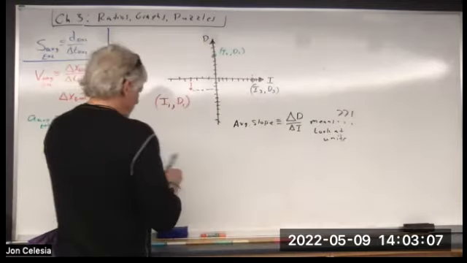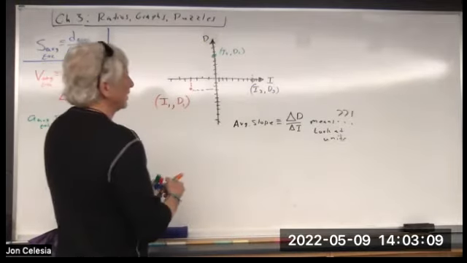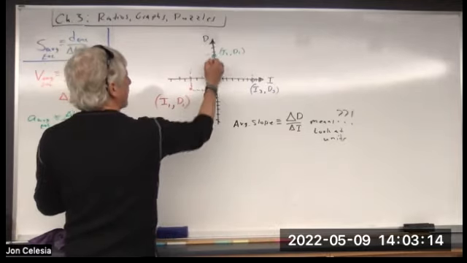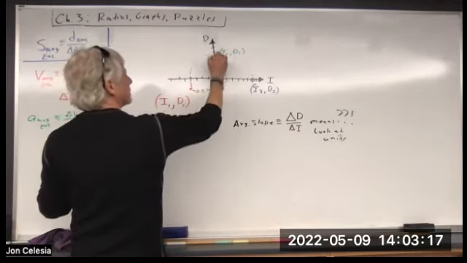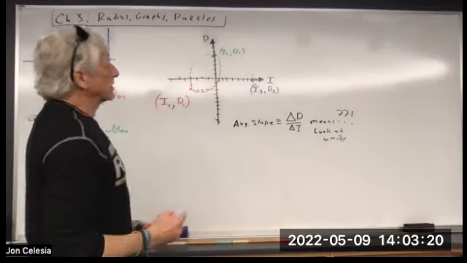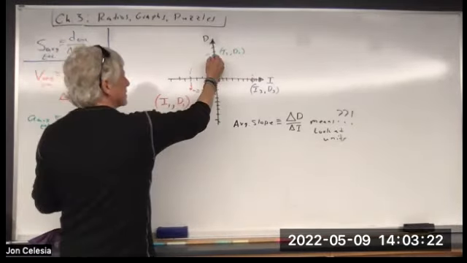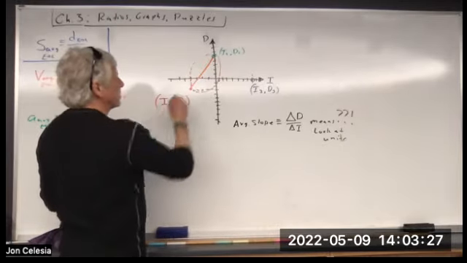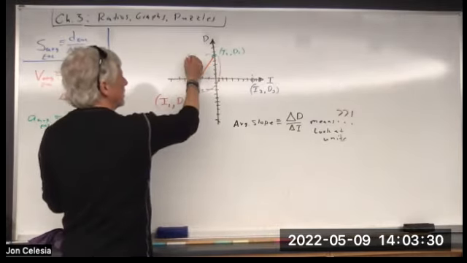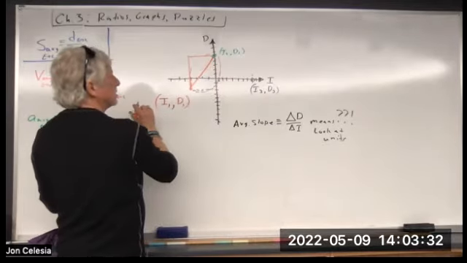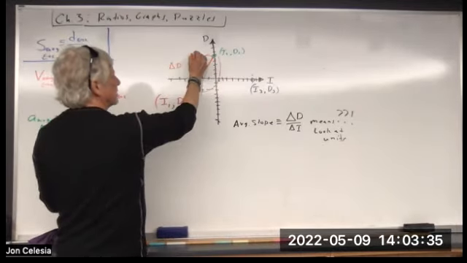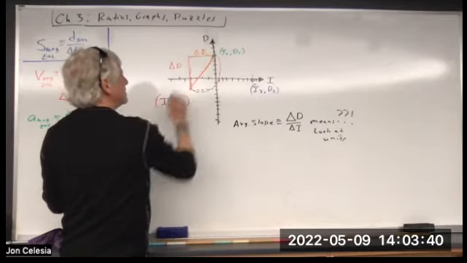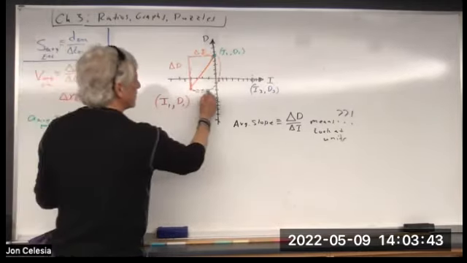Now, if, for example, you have these 2 points, I don't know what the curve looks like. It could go like that. It could go like that. It could do anything. Still, the average slope between the points is as if the line was like this. So the change in D divided by the change in I. It doesn't matter which way you go.